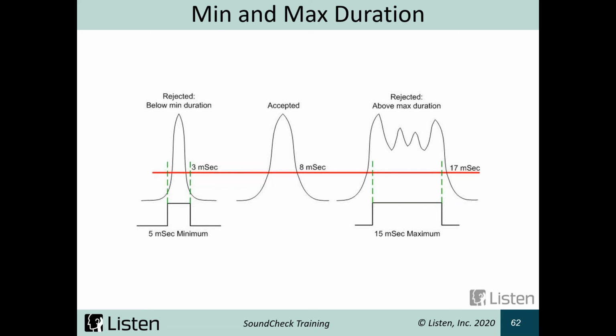The other, in the middle, is 8 milliseconds long. That exceeds my threshold, and it gets counted as a loose particle. And all the way to the right, this was above the threshold for 17 milliseconds, but 15 milliseconds was my maximum, so this does not get counted. In this case, I would only have one loose particle count.